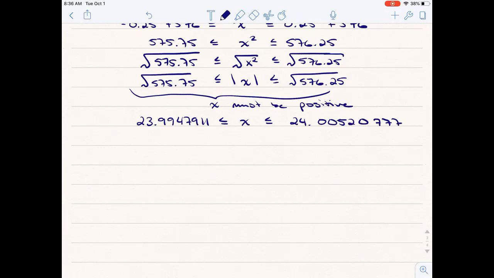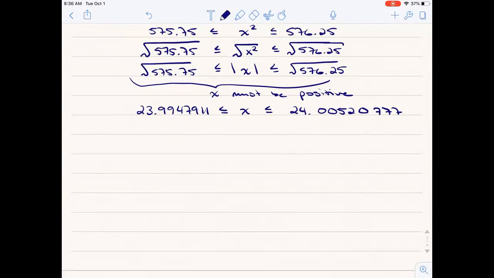Roughly, but with all those decimals there, it's fine. We can round these to 3 decimal places, 23.995 and 24.005.